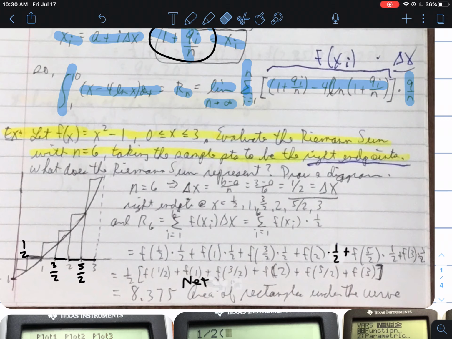All right, so what do we do? Where do we start? Well, first thing, if I'm going to form my rectangles, I need to know the width of my rectangles, so I know where each of those subintervals is going to end. I've got 6 subintervals, so the first thing I'll do is calculate delta x, the width of each rectangle. Now remember, we had a formula for that. Delta x is b minus a over n.